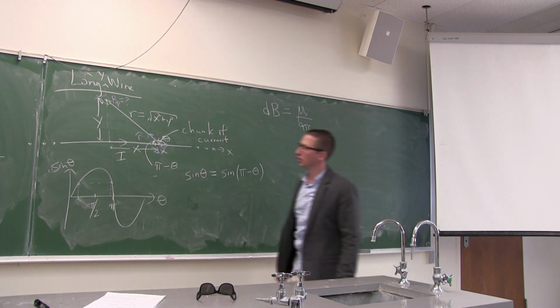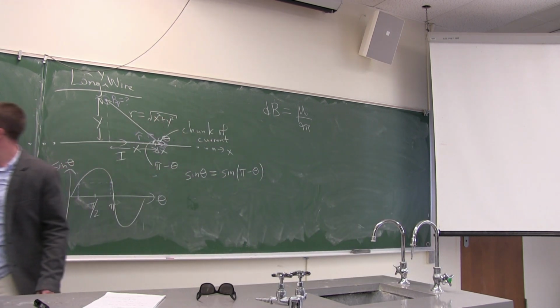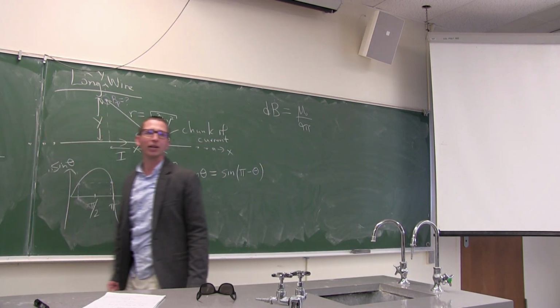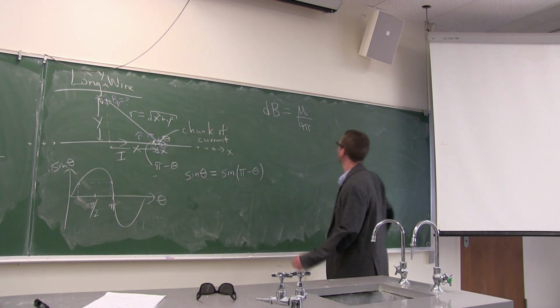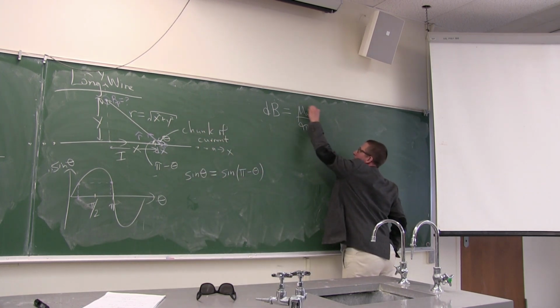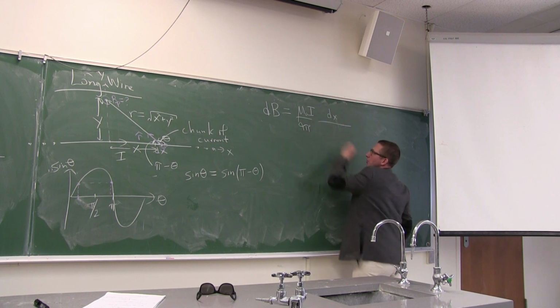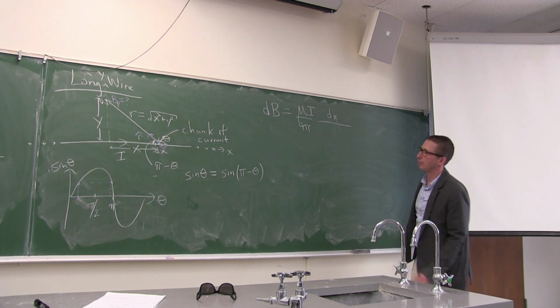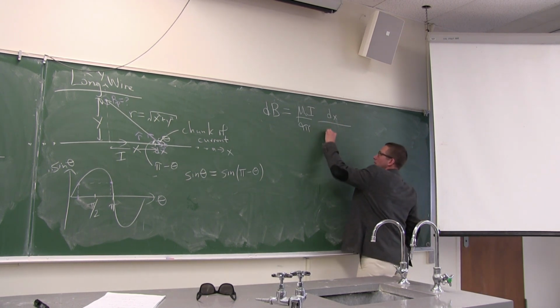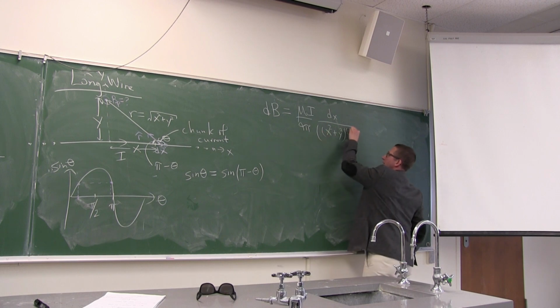All right, and then next, my qv, I just replace with an I ds. So that becomes I dx, and then the r squared becomes x squared plus y squared, to the 1/2, and this is all squared.